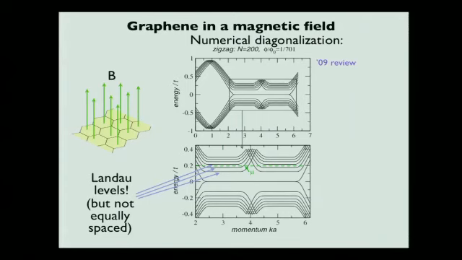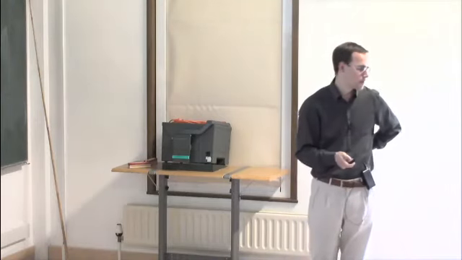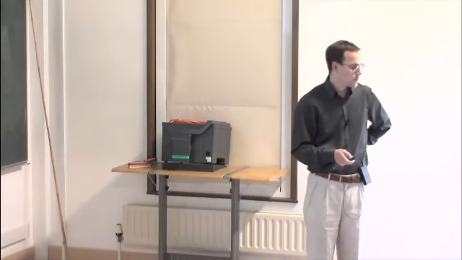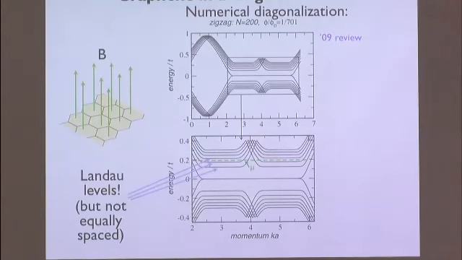We still see something at zero energy. That's not too surprising. We would have expected the same for the standard edge state without magnetic field. But what we see in particular are there occur other levels, new levels that are flat in energy. So the claim then would be these are the Landau levels of graphene. Of course, one of the things you see here is they are quite obviously not equally spaced. So this will be one of the things that one has to explain if one makes a theory of the quantum Hall effect in graphene.